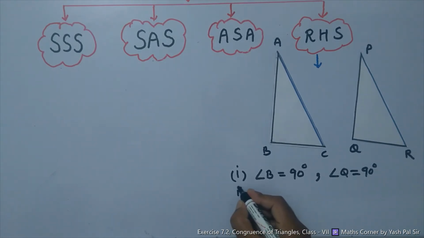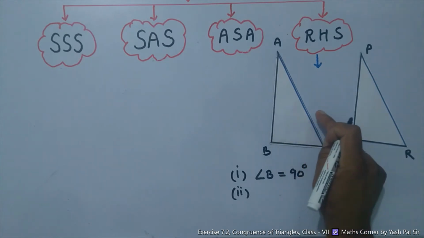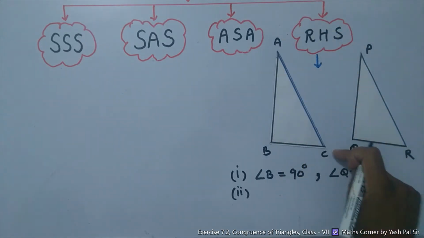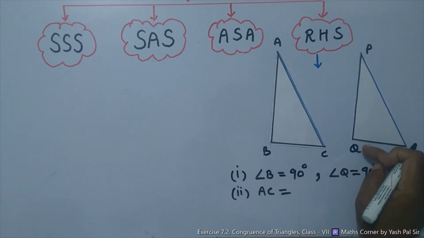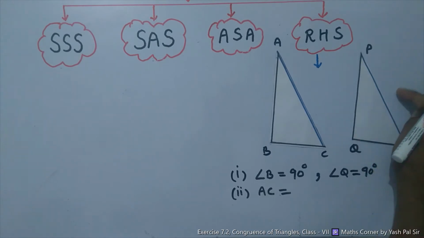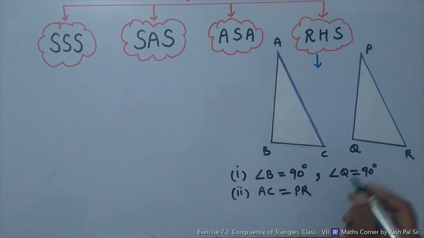The second thing is the hypotenuse. In front of this 90 degree angle, the hypotenuse is AC, and in the second triangle the hypotenuse is PR. If the hypotenuse is equal and the angle is 90 degrees, then what do we say?